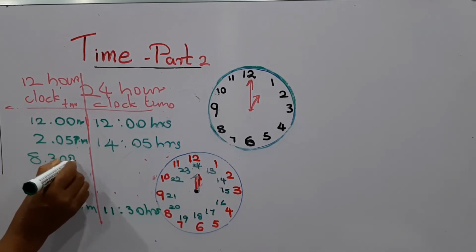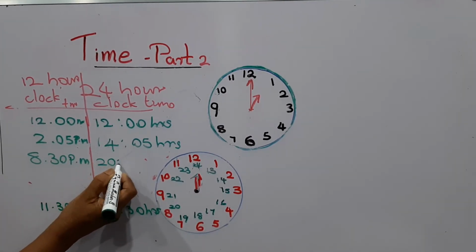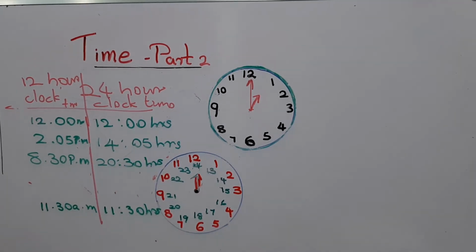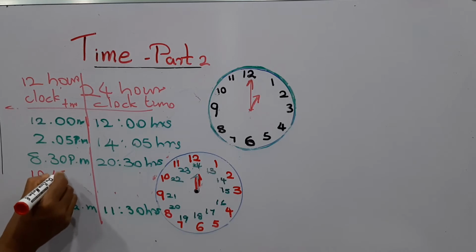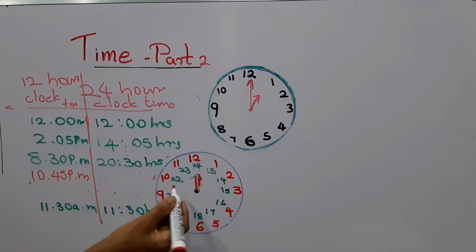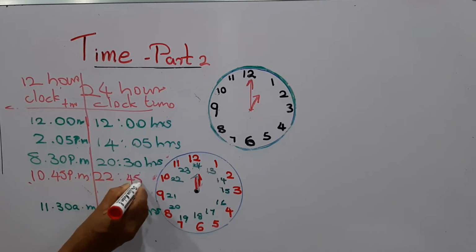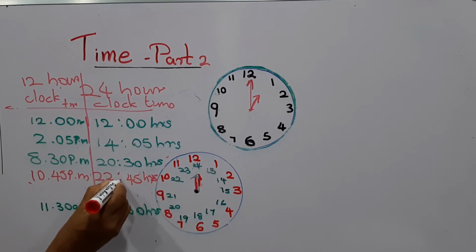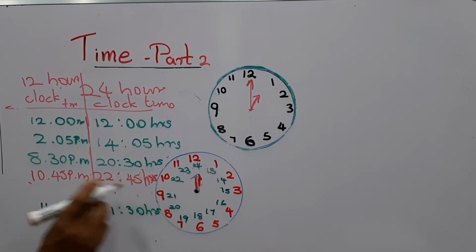8:30 p.m. That means 8 means how many hours? 20 hours and 30 minutes. Okay, then we'll write another time. We'll think about 10:45 p.m. 10 means 22 hours and 45 minutes. 22 hours and 45 minutes.